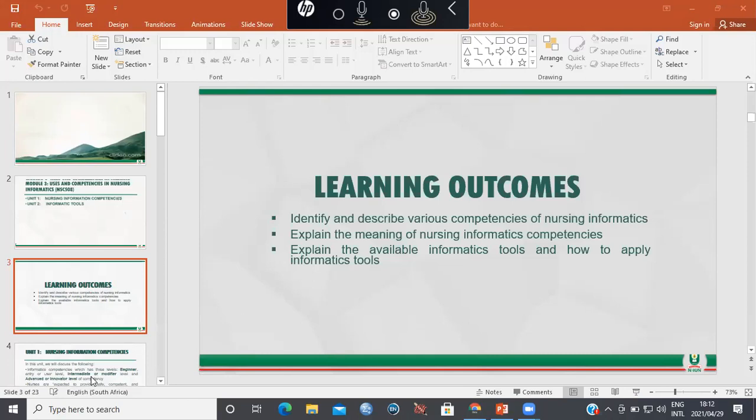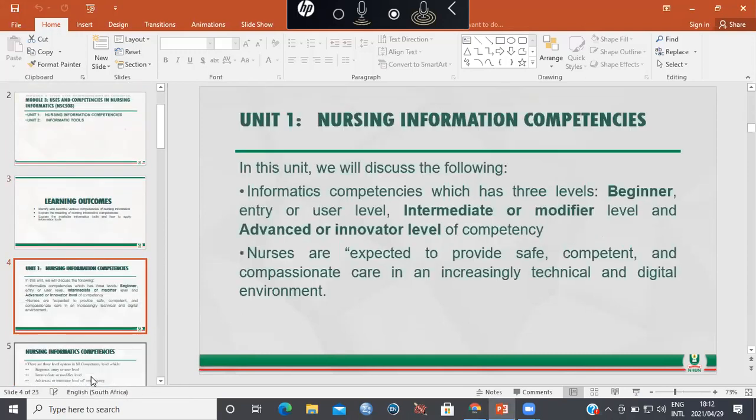And so we have unit 1. Under unit 1, like I said, it's nursing informatics competency. And in this unit, we will discuss the following: informatics competency, which has 3 levels.